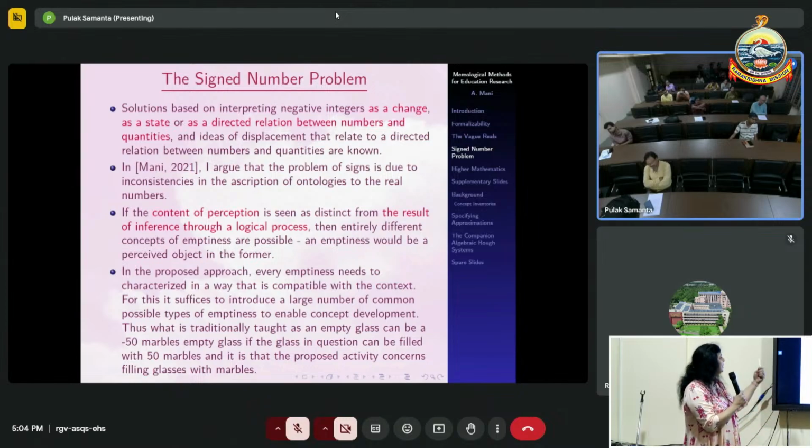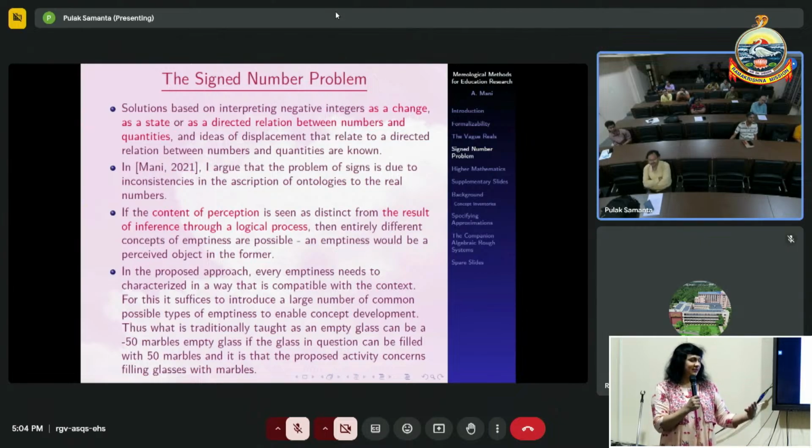For example, when a lift moves from the ground floor to the basement, that's one way of introducing negative numbers. And if you have multiple levels below the floor, then one can really do the argument, but there are problems with that too.